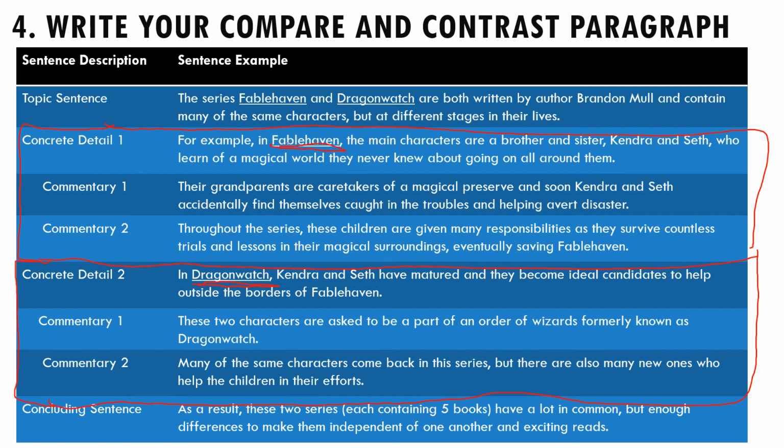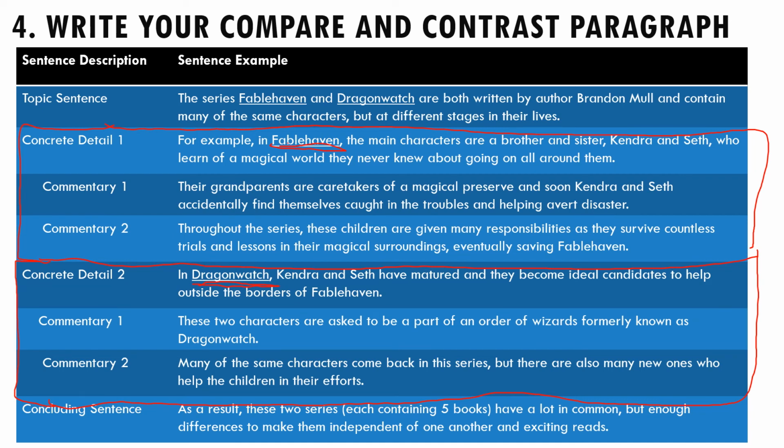That probably fits more within a block structure because we did story 1 in chunk 1 and story 2 in chunk 2. But I want you guys to pay attention to this. Notice how we talked about the similarities and differences of these 2 books within the paragraph. So that's a key. You're not writing a narrative.